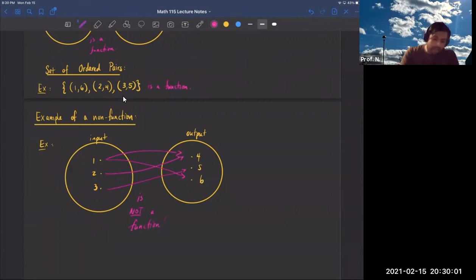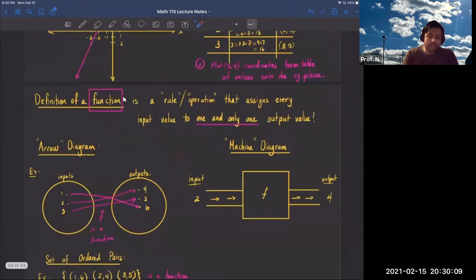Why not? Well, the moment I took 1 and I have 2 outputs, I completely contradict the very definition of a function that assigns every input value to 1 and only 1 output value.